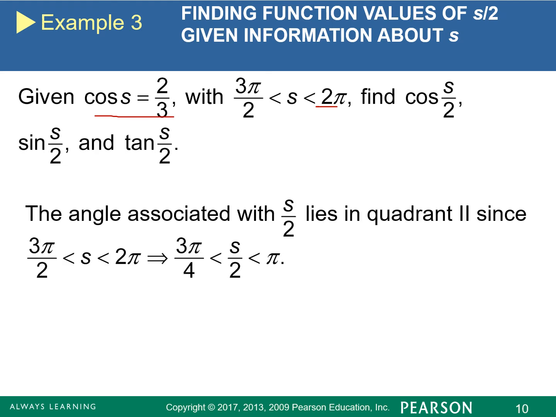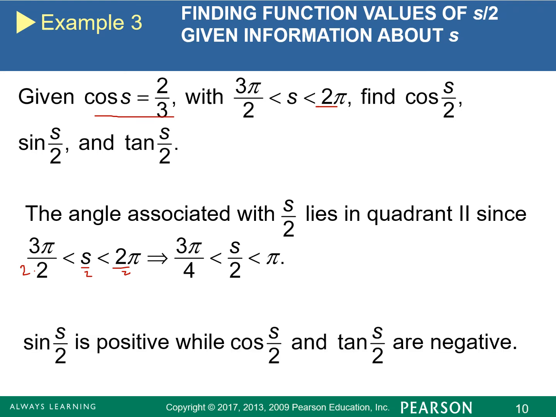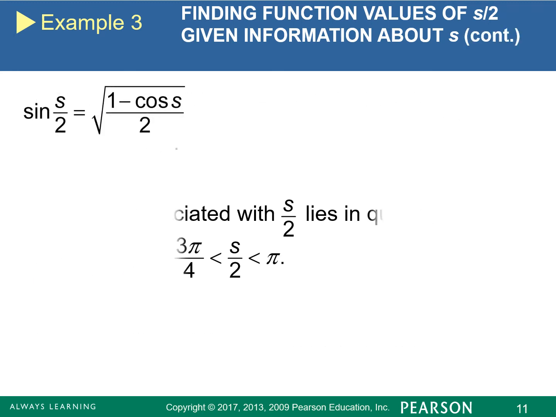The angle s over 2 is going to be in quadrant 2, since if I divide all of this by 2, I see that s over 2 is between 3 pi over 4 and pi. So sine of s over 2 is going to be positive, while cosine and tangent are going to be negative. It's really important you do that computation first so that you remember.